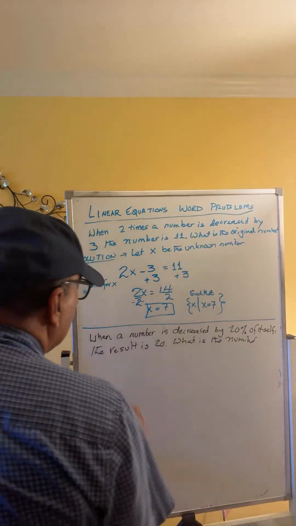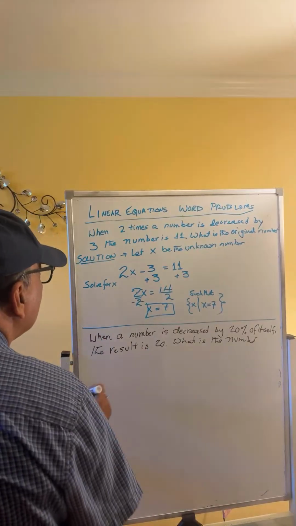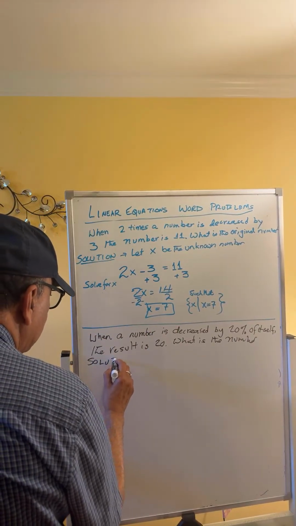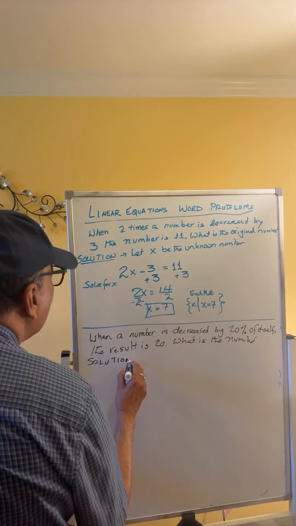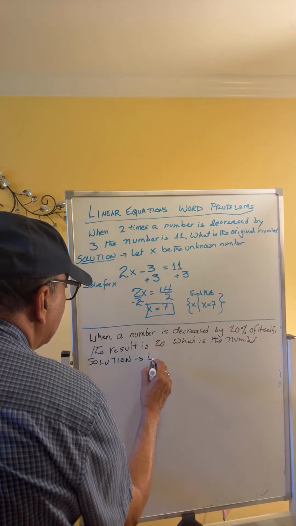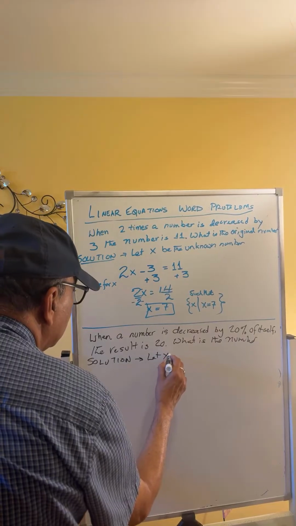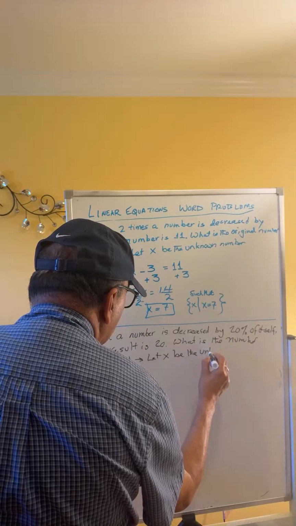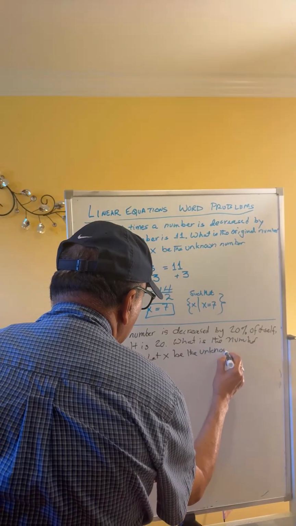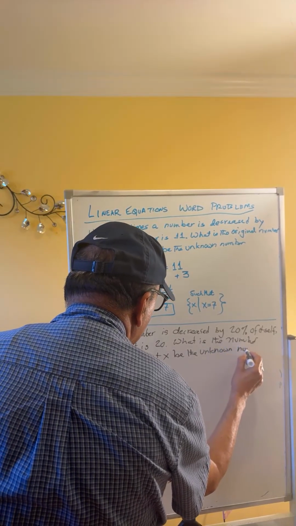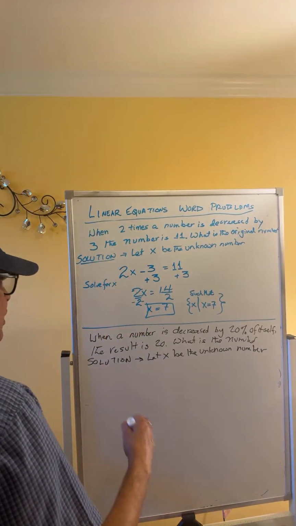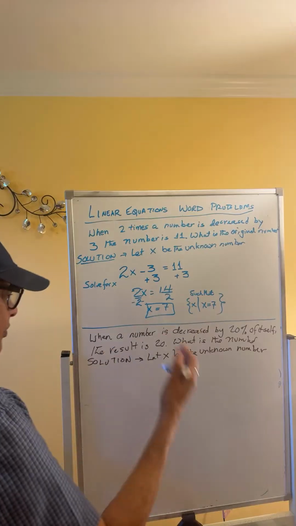Now, as before, solution, let x be the number, let x be the unknown number. So we have x decreased by means subtracted of it.